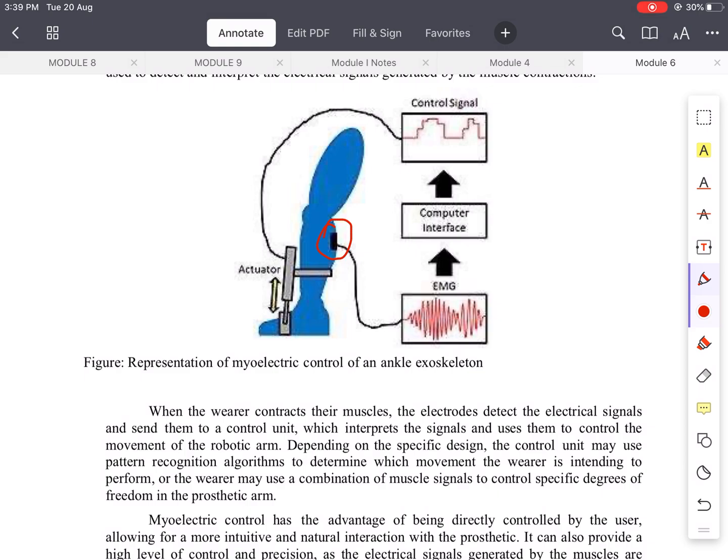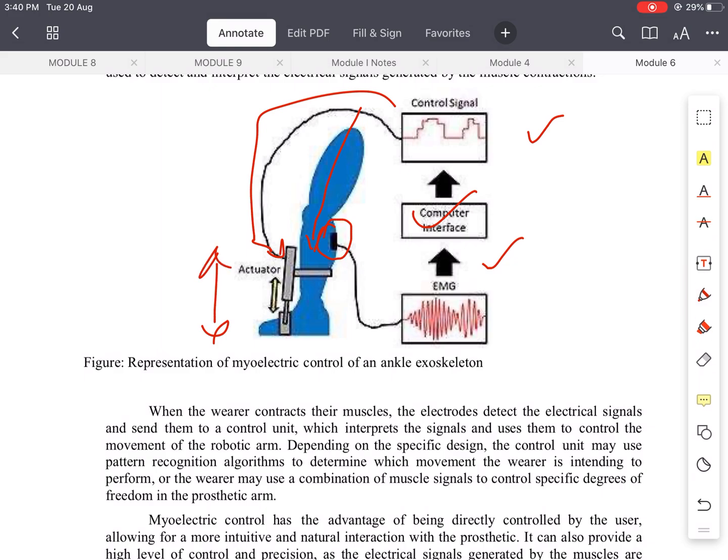This picks the electric signal from the brain which was intact till this point. An EMG signal is fetched and processing is done. From the processor we generate a control signal, which goes into an actuator that facilitates movement of his foot. So this is a myoelectric way of controlling the robotic prosthetic limb.